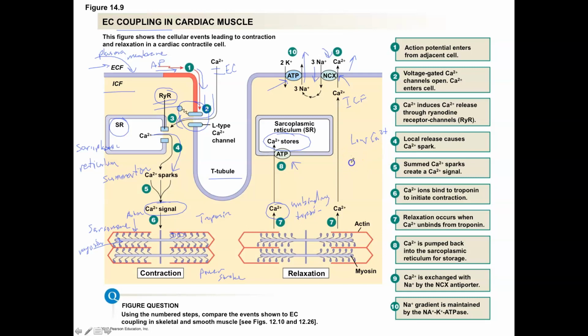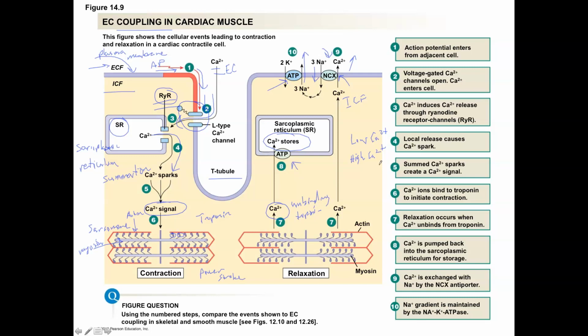If you have high levels of intracellular calcium, then you're going to see greater forces of contraction of the heart. So that's a graded type of contraction where you can have minimal amounts of contraction or stronger amounts of contraction based on the available calcium.